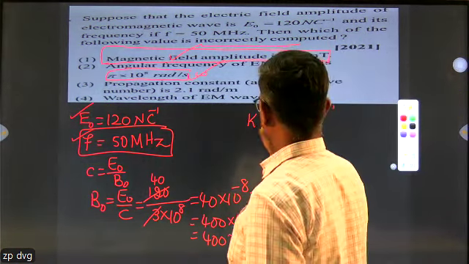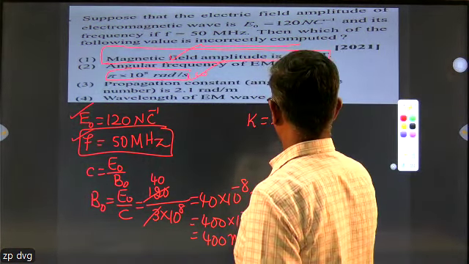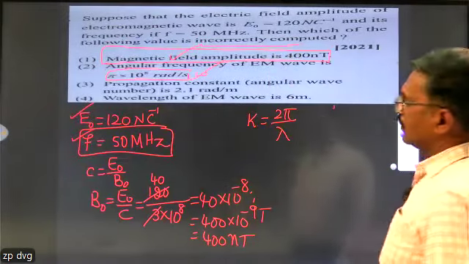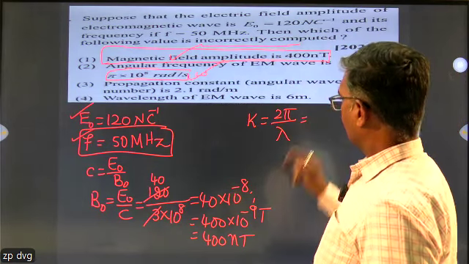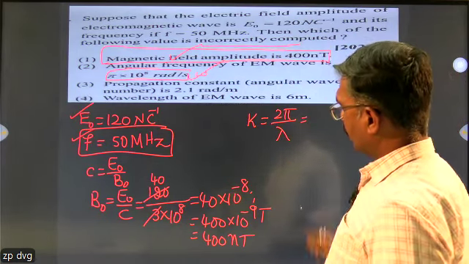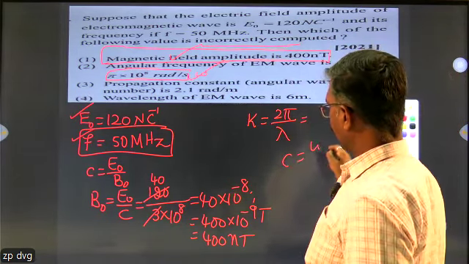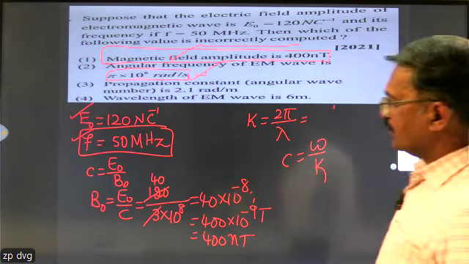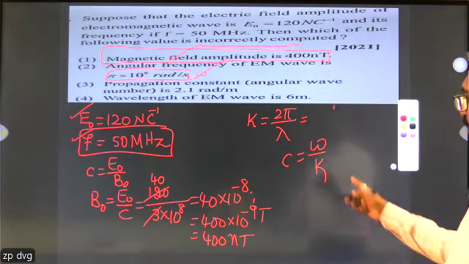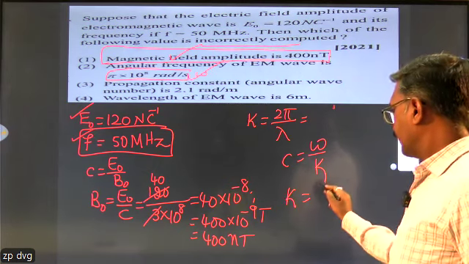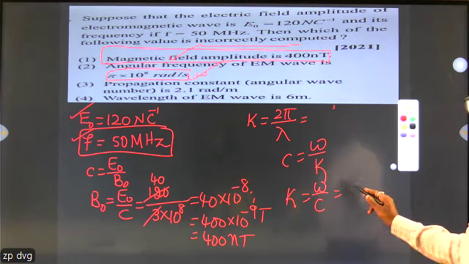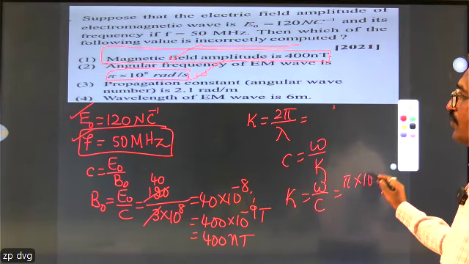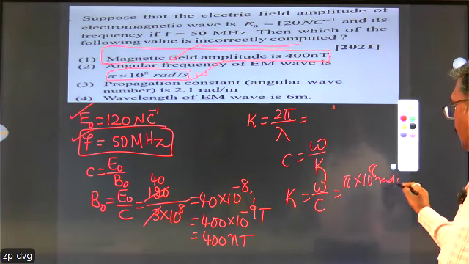To calculate k, the formula is 2 pi by lambda. Or we know another formula: C is equal to omega by k. From this you can calculate k. K is equal to omega by c. How much is omega? We just calculated it: pi into 10 power of 8 radian per second.